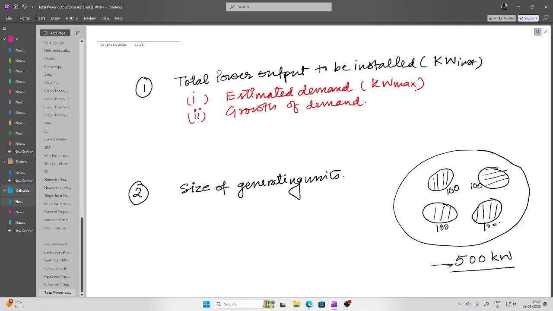We have to think about the future also, because let's say I am only developing a unit of 500 kilowatt, but in the next 5 or 6 years the requirement goes from 500 to let's say 700, and I have already built the whole setup, and it costs a lot to increase it. But if I am starting from zero, then it can be done in less time as well as less money. Not only this, once you are thinking of the installation capacity, you also have to think of the reserve.